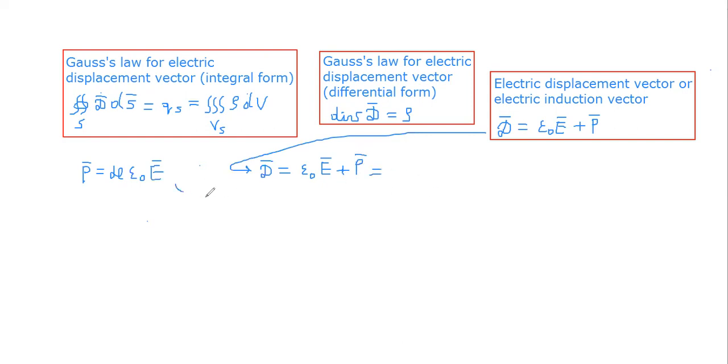Let's make substitution, and we have obtained that this is equal to electric constant multiplied by bracket 1 plus kappa. Kappa is electric susceptibility.